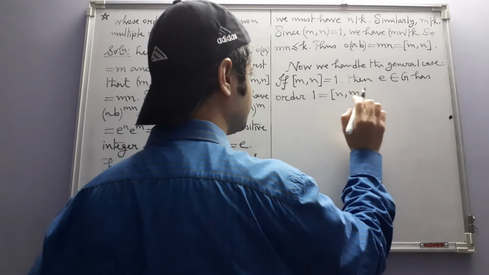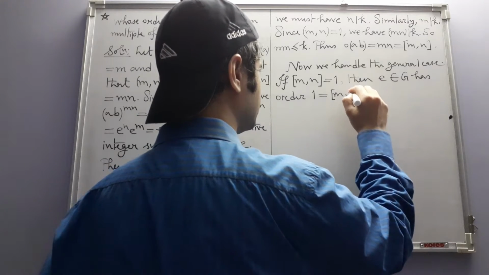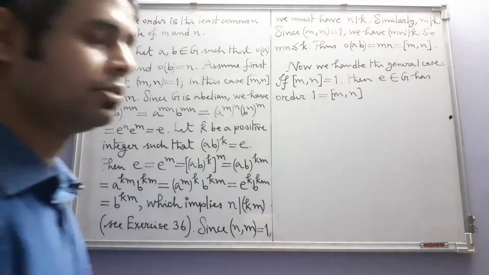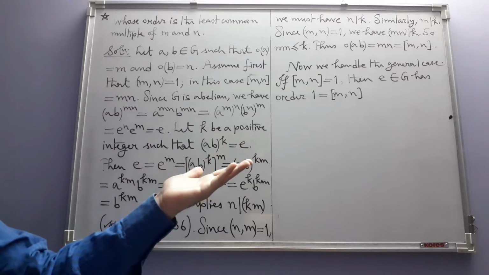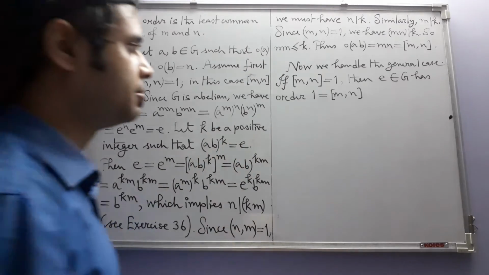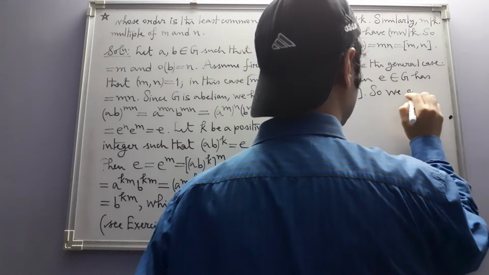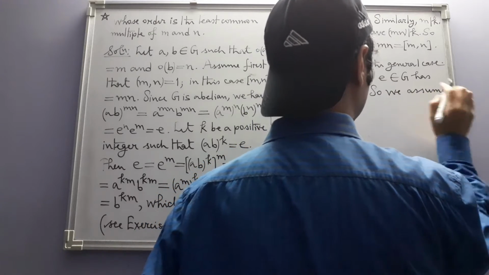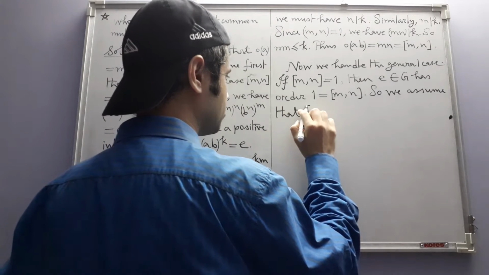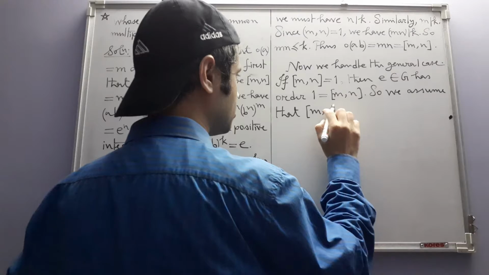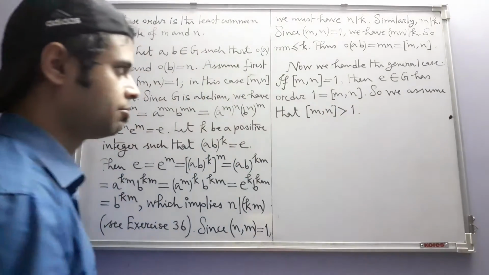We after all have to find an element whose order is the least common multiple of m and n. So if it is 1, then the identity element is the only element of order 1, so that can be taken. So we assume that the least common multiple is actually a positive integer greater than 1.